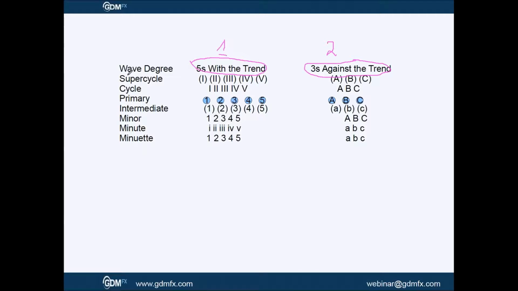But first, you need to identify which wave degree you're looking at. Therefore, you have to choose the smallest time frame into the largest time frame, so you can check all the cycles and subcycles of this current market movement.